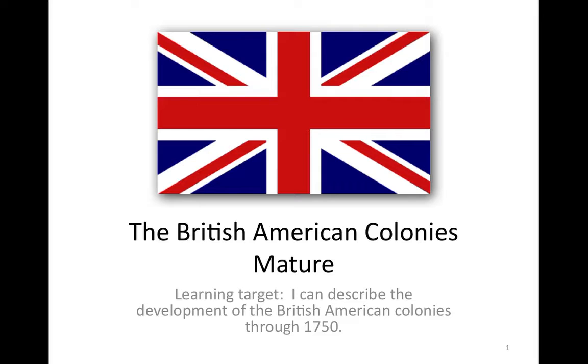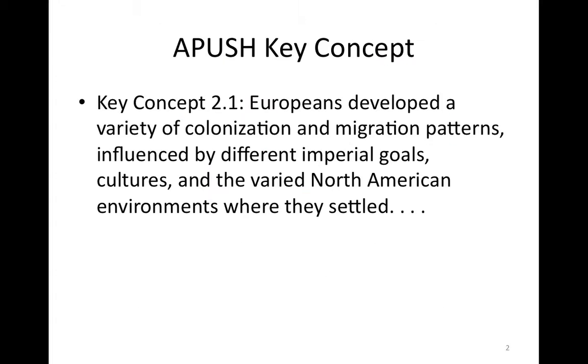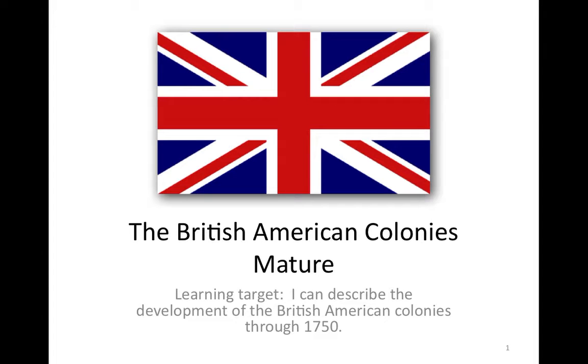Okay. So anyway, today I'm here to briefly describe to you the history of the British colonies after the founding of New England and the Chesapeake, those two earliest colonies that we discussed for a long time in the last couple of weeks. The question now is what happened next?